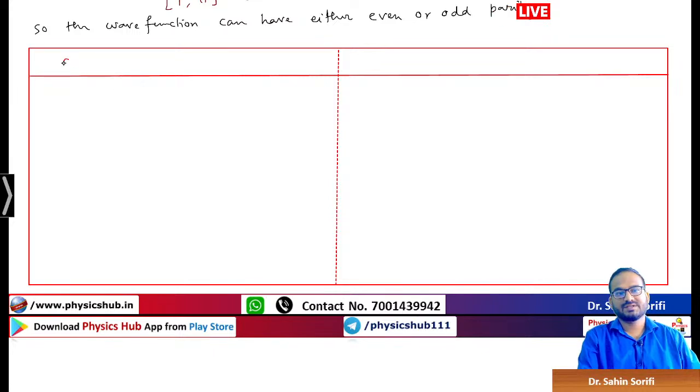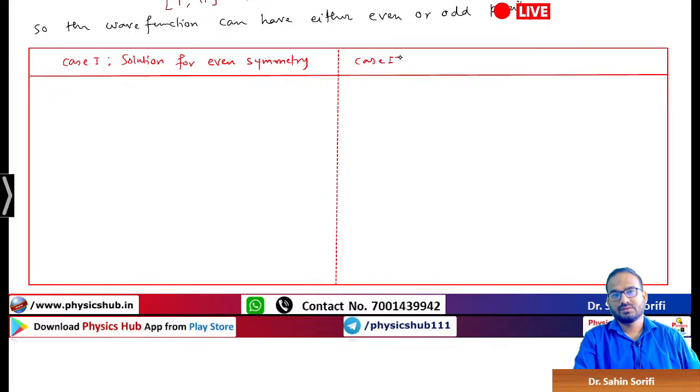So the first case, case 1, we will be discussing the solution for even symmetry, and case 2 we will discuss the solution for odd symmetry.